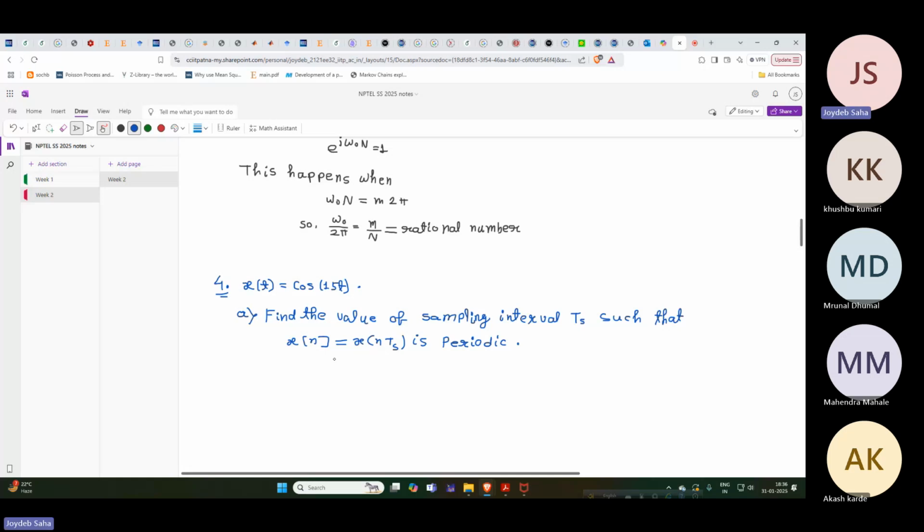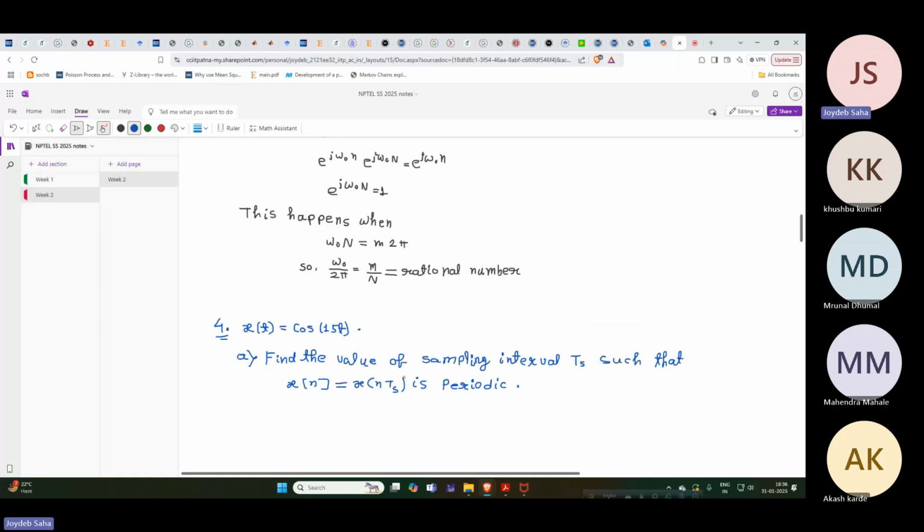Take 1-2 minutes more and try to solve this question. It can be solved in a similar way, as it is related to question 3.